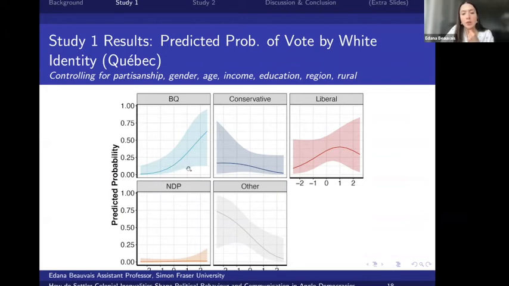But increasing 1 standard deviation above the sample average on white identity increases the predicted probability of voting for the Bloc Québécois to over 25%, more like close to 30%. So there's a very strong association between white identity and voting for the sovereigntist, Quebec nationalist party. But there is actually no association at all between anti-Indigenous attitudes and vote choice in the region of Quebec.